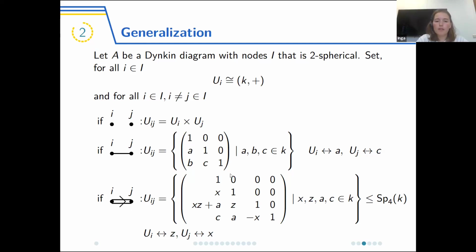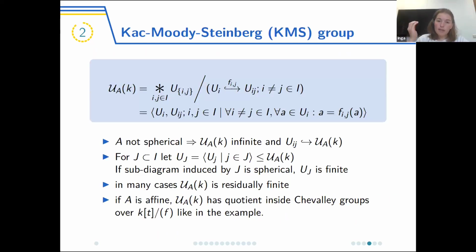The way they look, the subgroups themselves come from Kac-Moody theory. To get the Kac-Moody-Steinberg group, we take the direct limit of these U_i and U_ij with respect to the inclusions of the U_i into the U_ij.